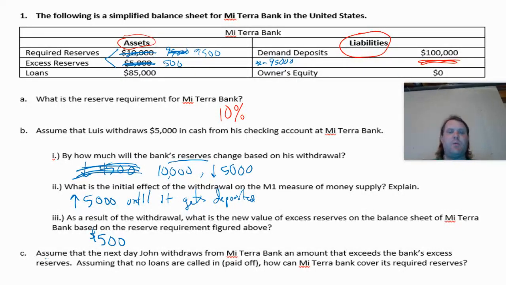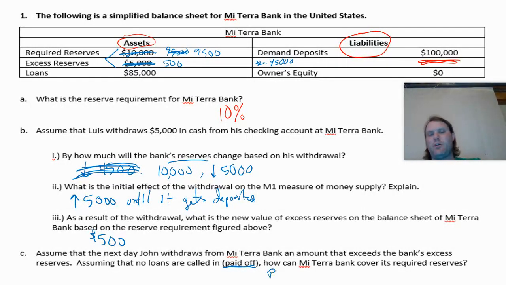Assume the next day John withdraws from Terra Bank an amount that exceeds the bank's excess reserves, assuming no loans are called in. How can Terra Bank cover its required reserves? So what it's saying is that nobody made any loan payments. No loans are paid off. That makes sense, right? So what do they do? Same thing as our practice problem a little bit ago.